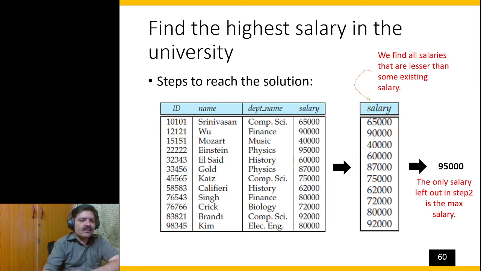So I challenge you to go ahead and figure out other ways of finding the max salary, provided you don't have an operator like max or a function like max. So using the existing fundamental operators, if you have to implement the function of highest or max, this is what you would do.